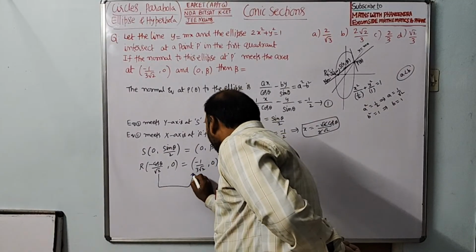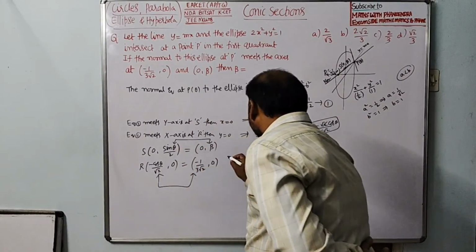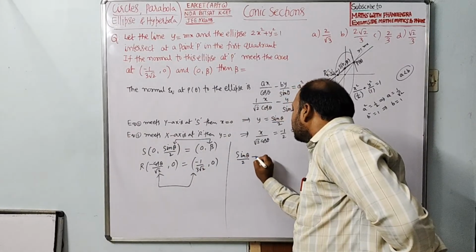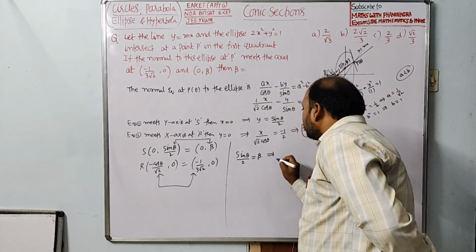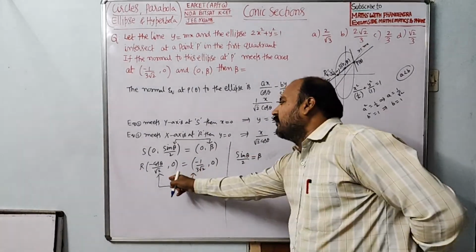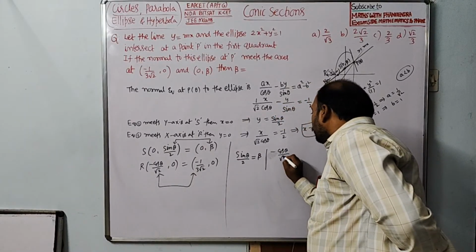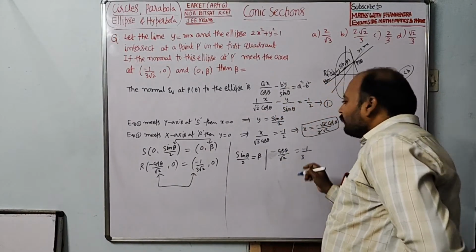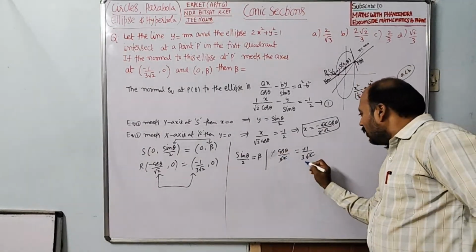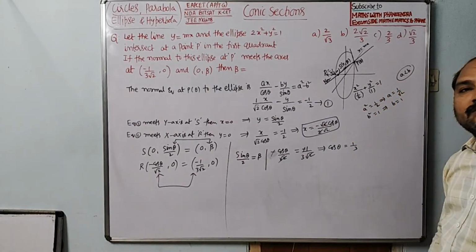So comparing like terms, from this data, sin theta by 2 is equal to beta. So beta value we got, but the unknown value is there, no? So that we can find from here. And minus cos theta by root 2 is equal to minus 3 by root 2. So both minus will be cancelled, root 2 also can cancel. Cos theta equal to 1 by 3, am I right?